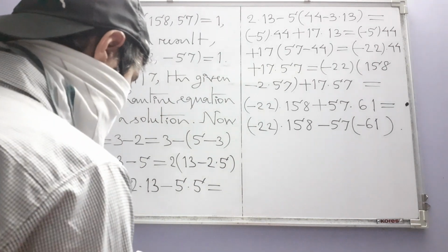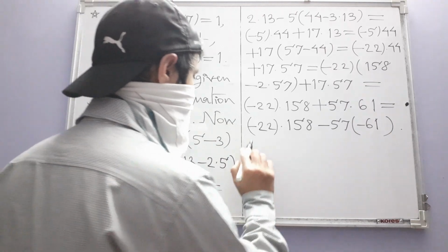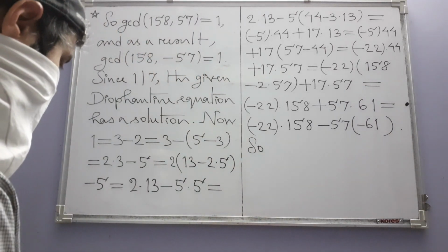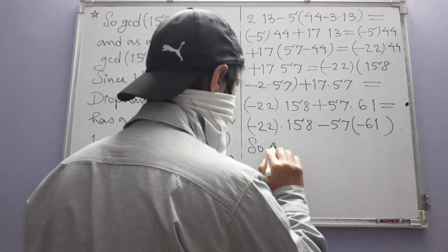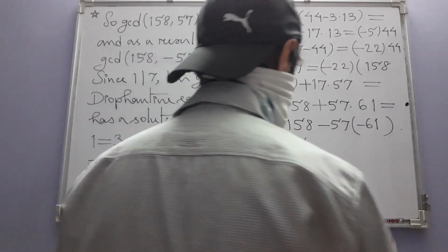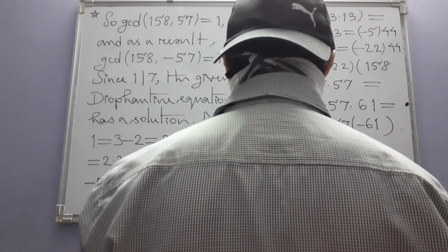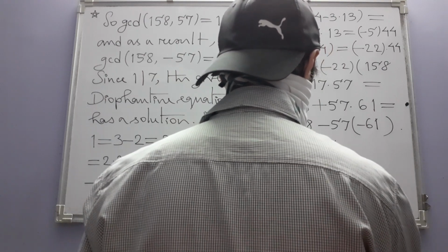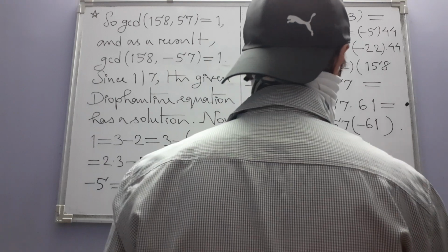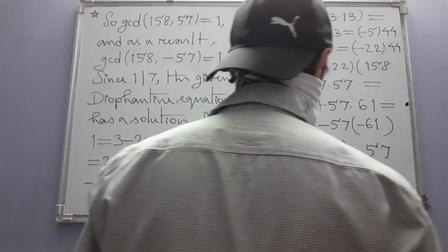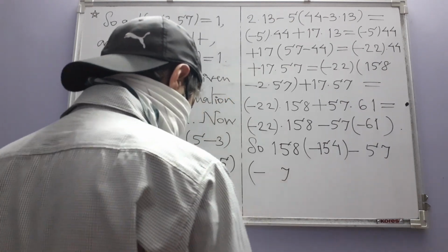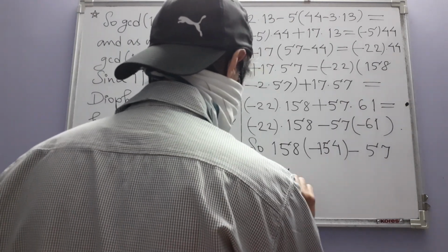Now our right hand side had 7. So multiplying on both sides by 7, we now next get this. 158 times minus 154, yes, and minus 57 times 427.